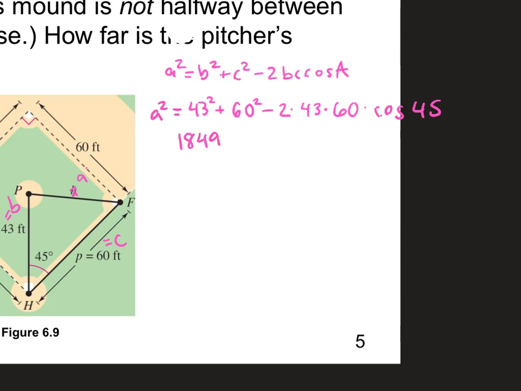So you need to practice putting these into your calculator. Alright, so what do you get for a squared?